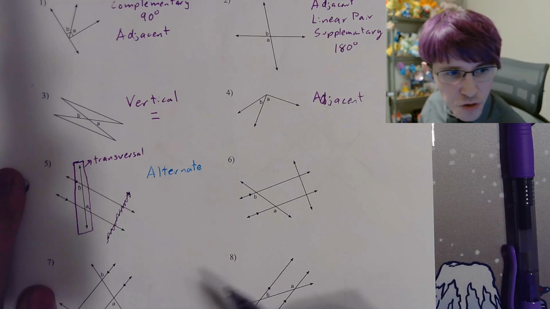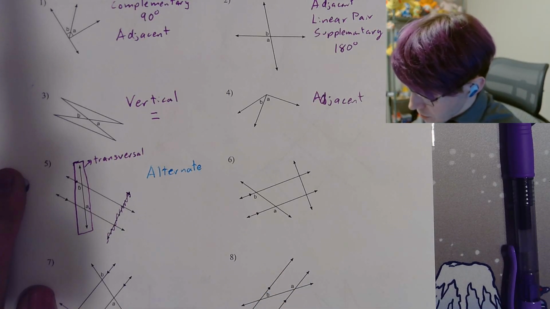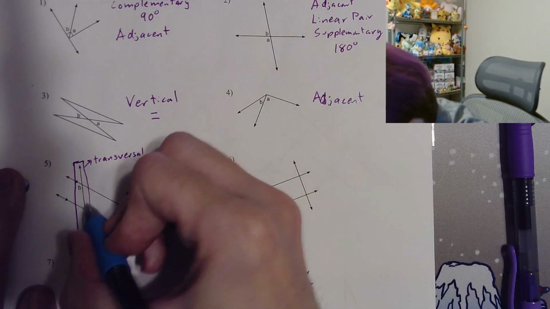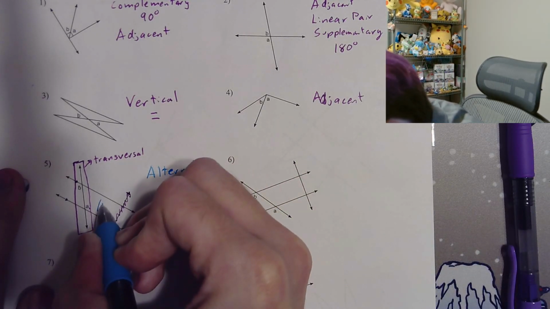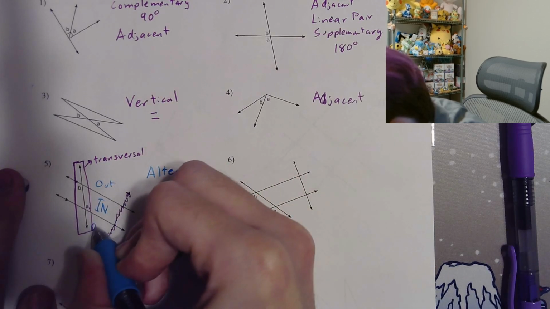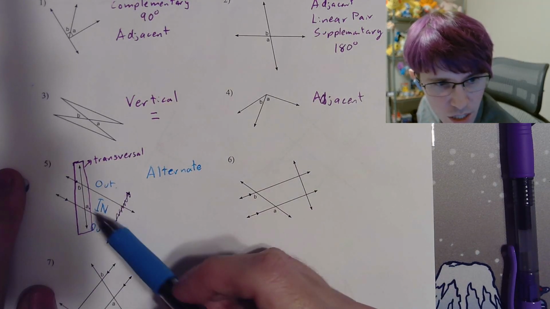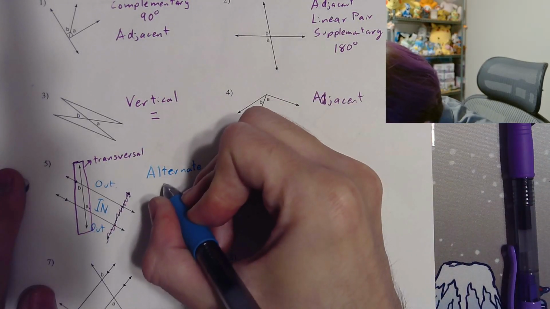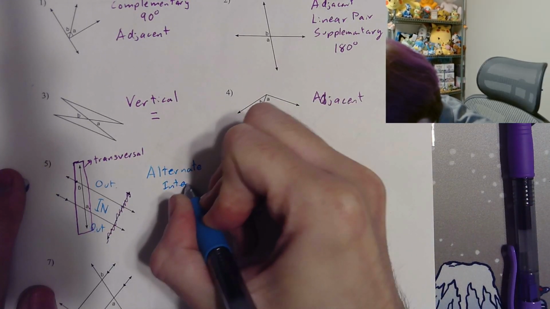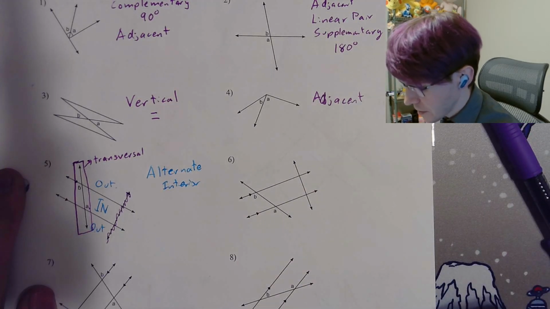They can either be alternate exteriors or alternate interiors. These guys are on different sides of the line, but they are on the inside. This would be the inside here, and this would be the outside, because it's on the outside of these two lines. So here's the alternate interior. And by the way, that's like one vocab word. I just couldn't fit it in here.